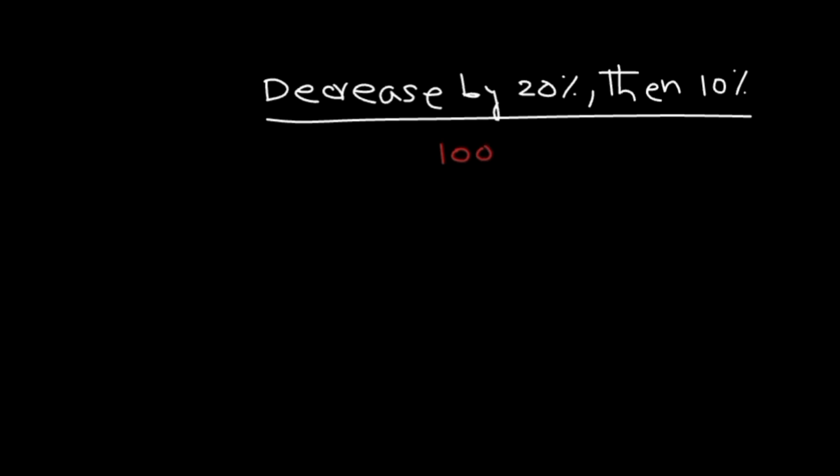That is our original value. Now we decrease 100 by 20%. So we have 100 times 20 over 100. That is equal to 20.